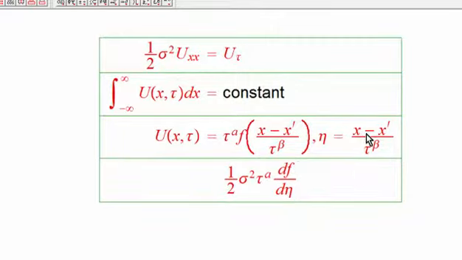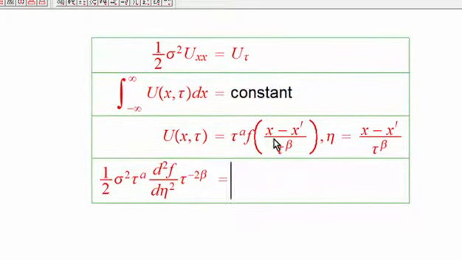Now I need the derivative of eta with respect to x. Well, the derivative of eta with respect to x is going to be just tau to the minus beta. Now that's me differentiating once with respect to x, but I have to do this twice. So it's going to be the second derivative. And every time I differentiate, it throws out a tau to the minus beta, so there's tau to the minus 2 beta. And that's going to equal, now I need to differentiate this with respect to tau.